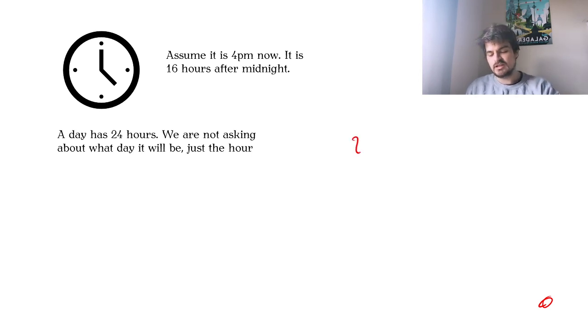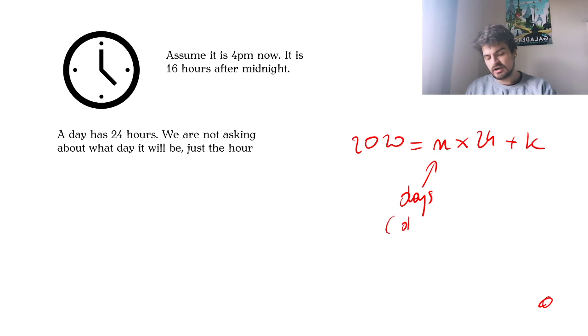So we can express 2020 as n times 24 plus k, where n is the number of days, and k is the number of remaining hours. We don't care how many days there are, but k is the number of hours, something we do care about. So what you need to do is calculate the remainder of 2020 in division by 24.